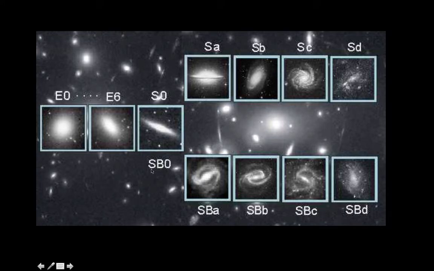If they are, then they're designated SB, otherwise just S. And in both cases, there's a subclassification A, B, C, and D, which indicates how tightly wound their spiral arms are, where A is most tightly wound, D is least tightly wound.